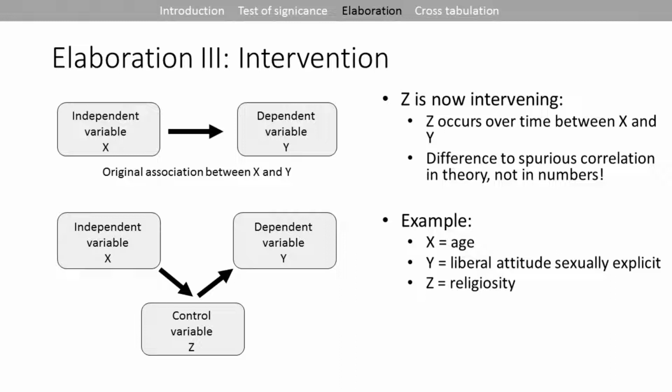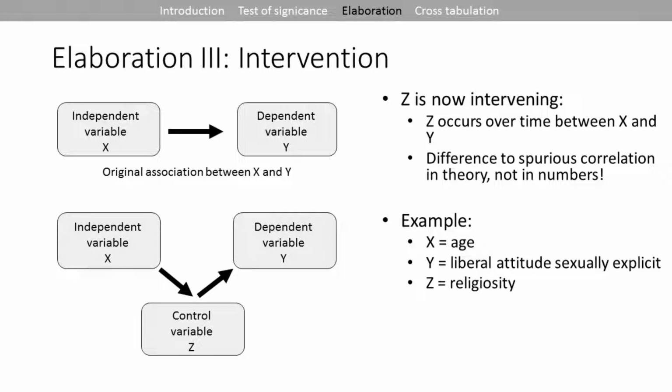So the independent variable x, age, of course, will change your liberal attitudes towards sexuality, because in olden times we were more conservative than the younger generations. This is replicated in many societies over time. But we have to take account of more than that, of course.